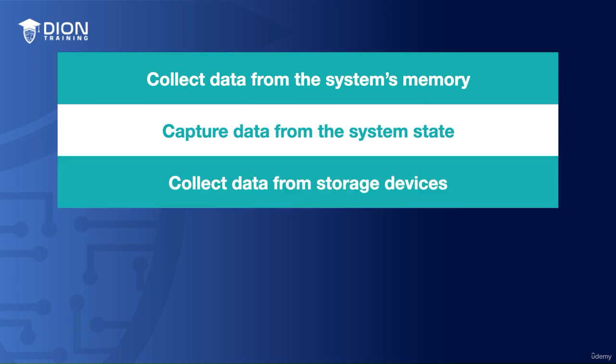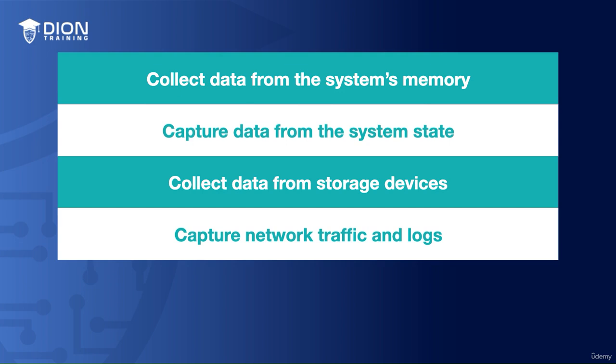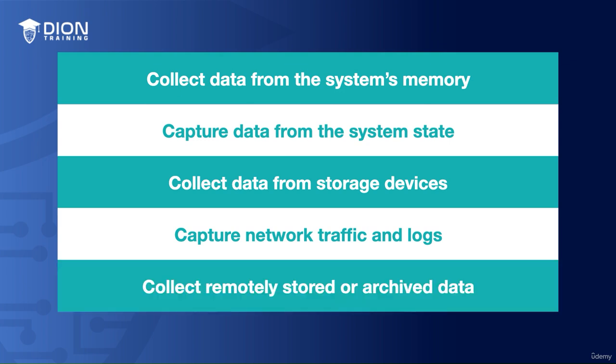Third, we need to collect data from your storage devices, such as hard drives, solid-state devices, and other non-volatile data storages. Fourth, we need to capture network traffic and logs, including data that can help us reconstruct any network-related activities or network events. Fifth, we need to collect remotely stored archive data, including backups, cloud storage, external devices, and printouts.